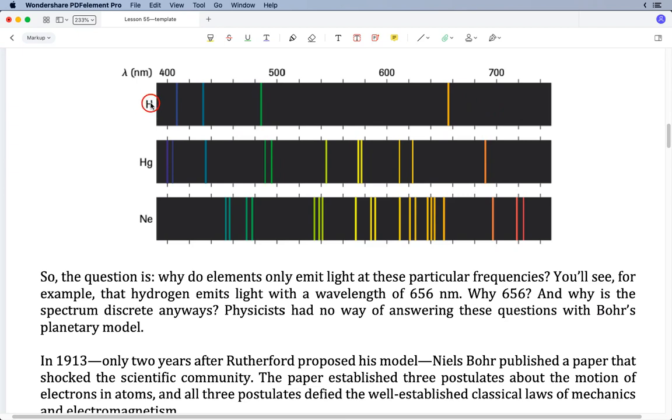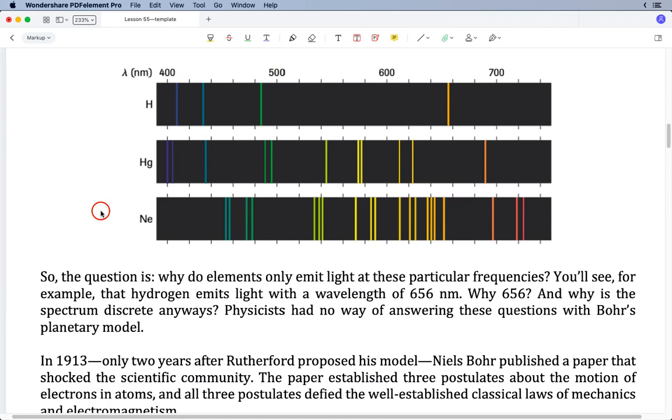But it's only hydrogen, basically, that it works for. It doesn't work for any atom that has more than one electron around the nucleus. So hydrogen, it works great because you only have one electron around the nucleus. But any other element like mercury or neon, it just doesn't work. So it was a good start, though, Bohr's model, and we're going to be getting into the math of his model in this lesson.